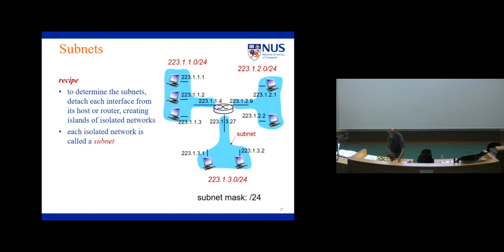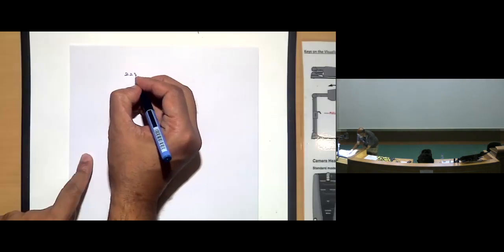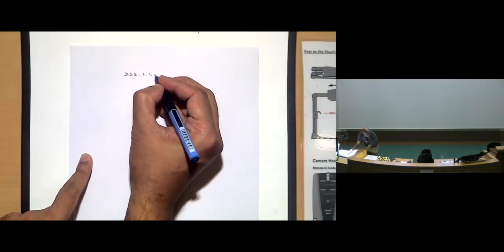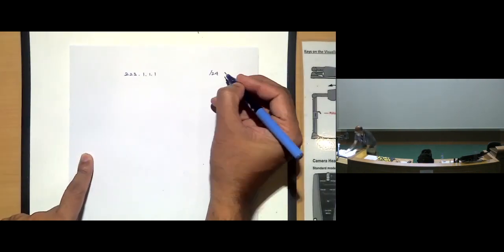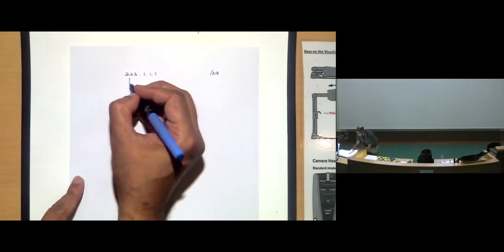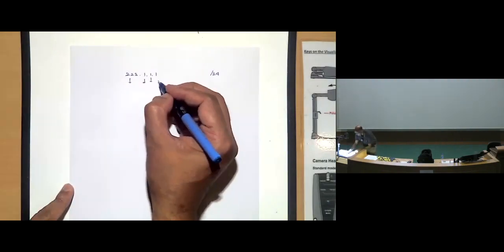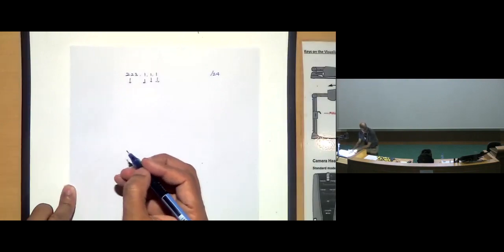So let me go again here. One of the examples here was 223.1.1.1. And what we are saying is, this is a /24 network, which means that if I were to expand these out into binary digits, binary numbers, so 223, let's try and do that.